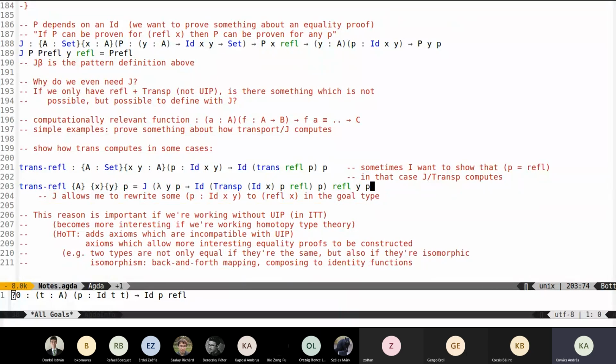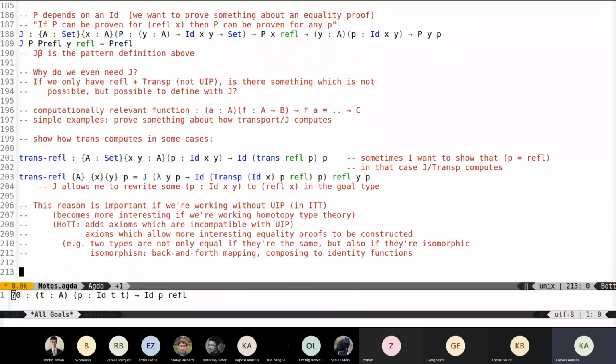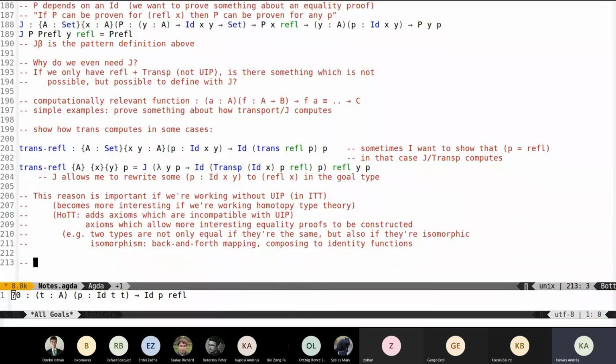Identity types in type theory is a very big topic, and actually a very significant part of all research on type theory is somehow related to identity types. Identity types are kind of the biggest point of divergence when we are studying different flavors of type theory.